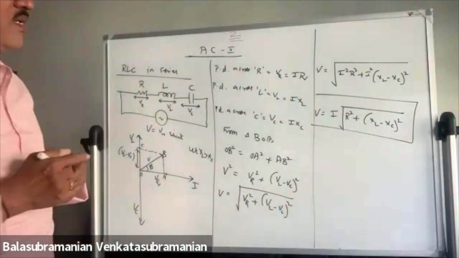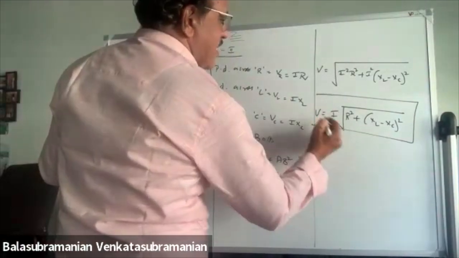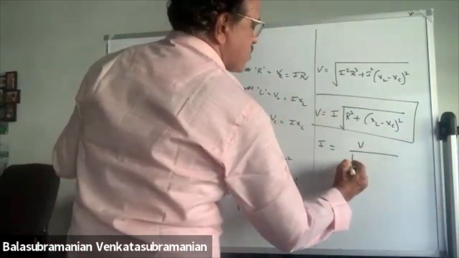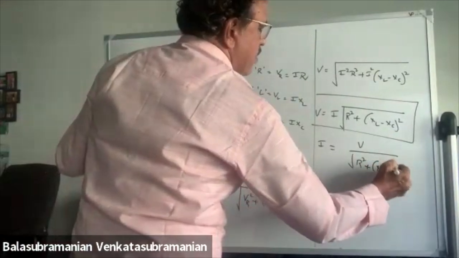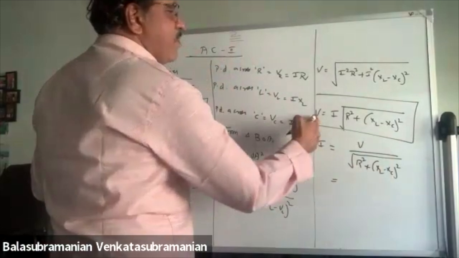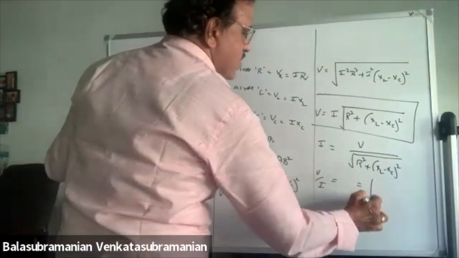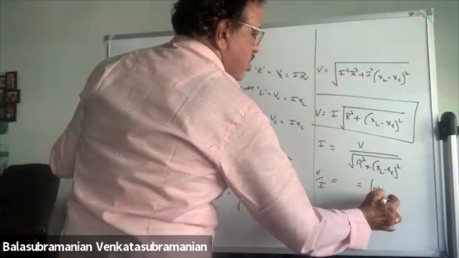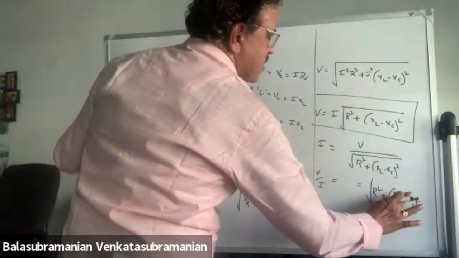Now, the resultant resistance. No, sir, first current I want. Current means V by total resistance. This total resistance, V by I, is root of R square plus XL minus XC the whole square.